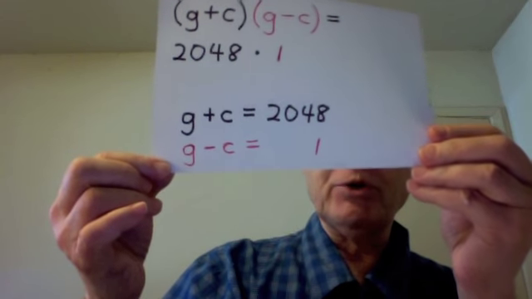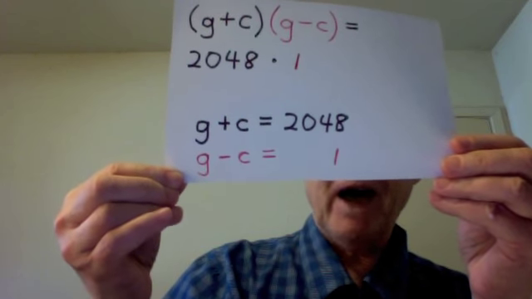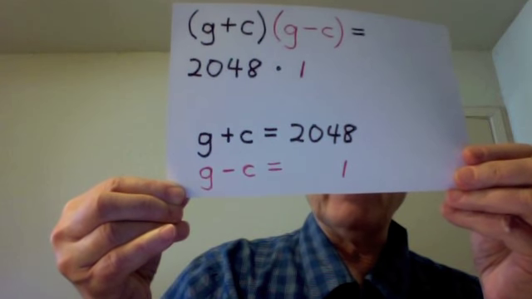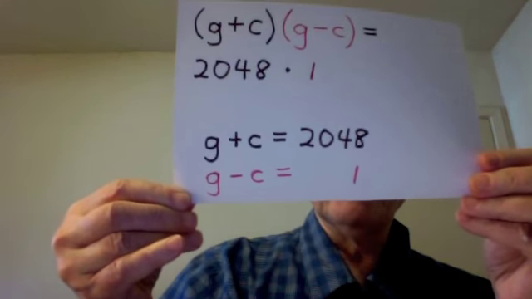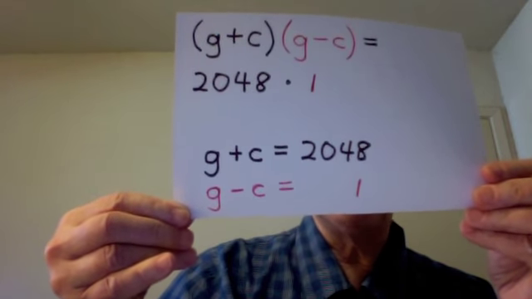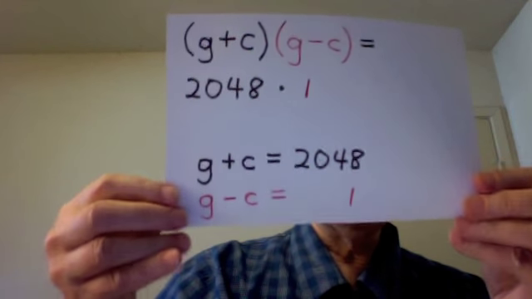It gives me 2G equals the odd number 2,049. That's no good because G then equals 1,024 and a half, and we don't want any halves. We can't have it. So this is a dead end.